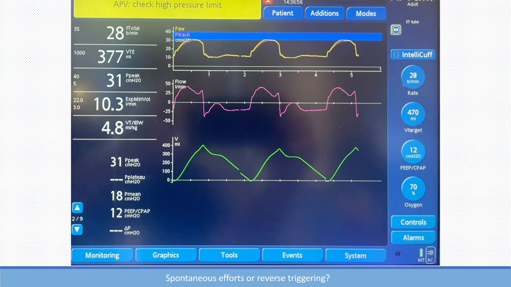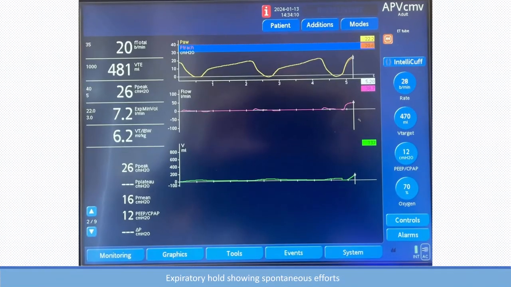So that's one thing you can do. What I did in this case is I put an expiratory hold. This is PEEP of 12. We put expiratory hold here. If you hold in expiration, there are no more ventilator breaths, so you should eliminate any reverse triggering.